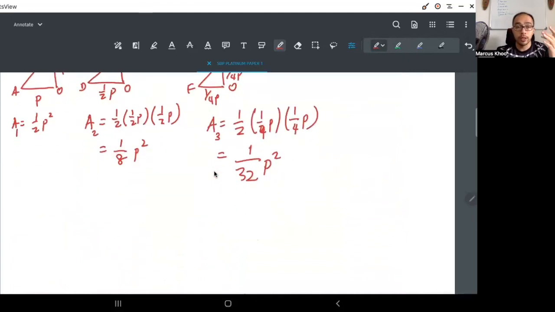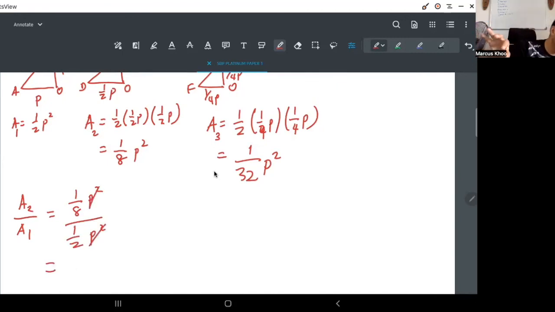So common ratio, A2 divided by A1 is how much? 1/8 P squared over 1/2 P squared. P squared can be cancelled. So 1/8 divided by 1/2 is easily calculatable in your calculator. Should be 1/4.